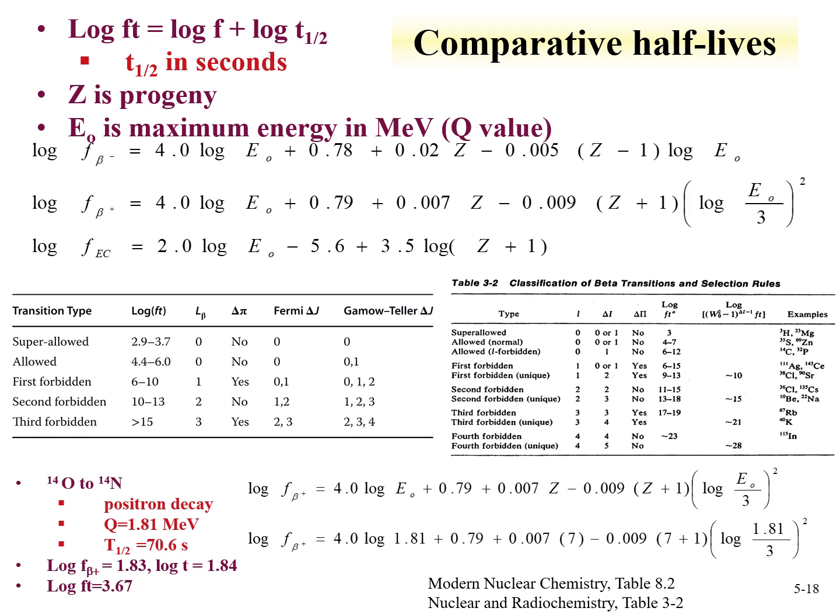T is 70.6 seconds. Log of that is 1.84. I get a log Ft value of 3.67. And that fits into a super allowed category. On this figure, it would be between super allowed and allowed. And what we do see from the log Ft value is that the transition is allowed.